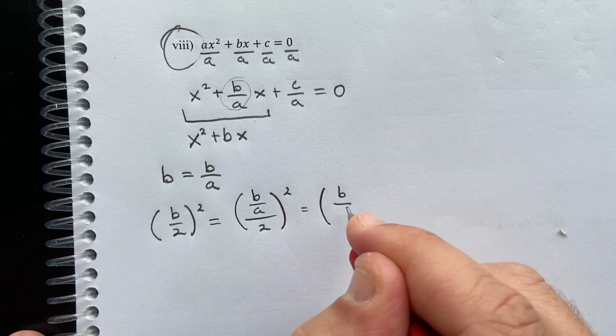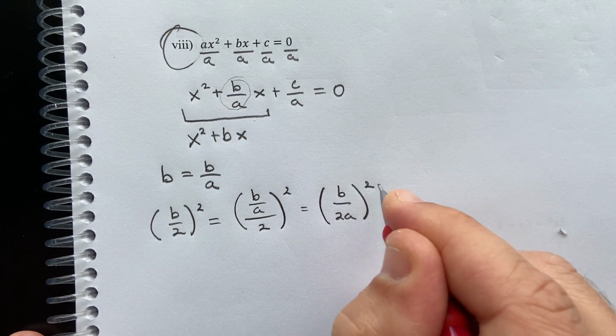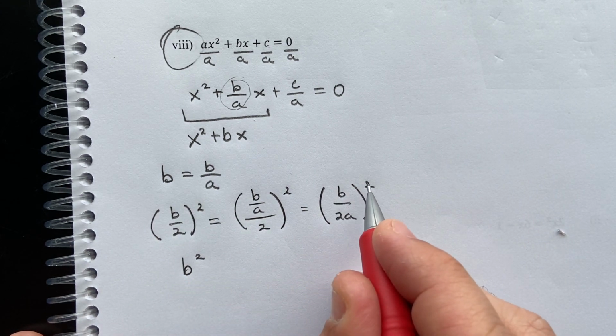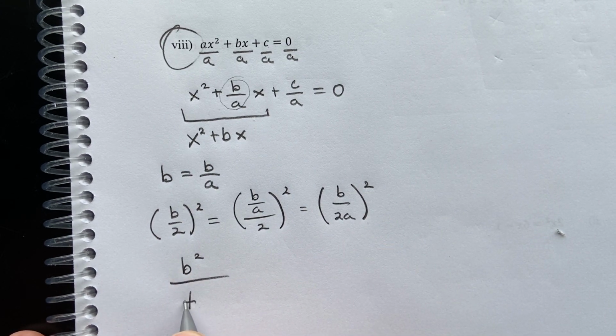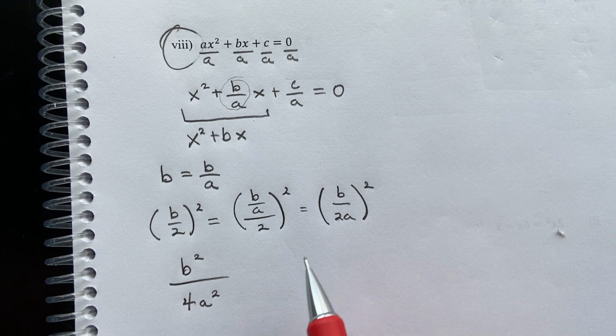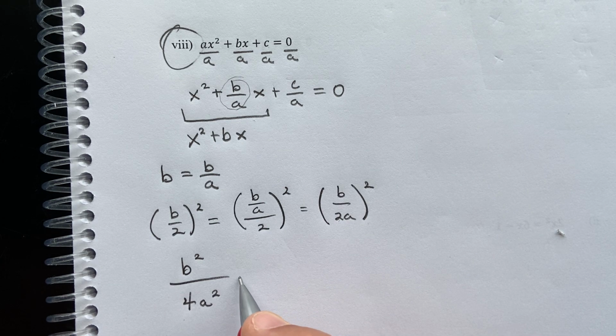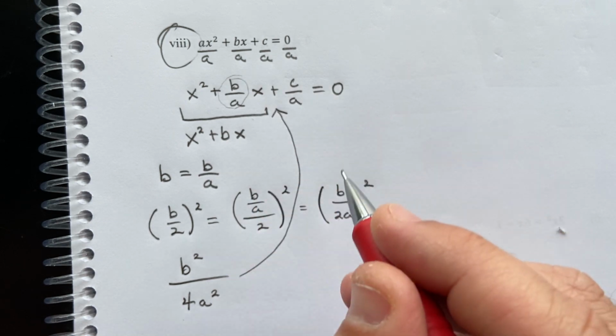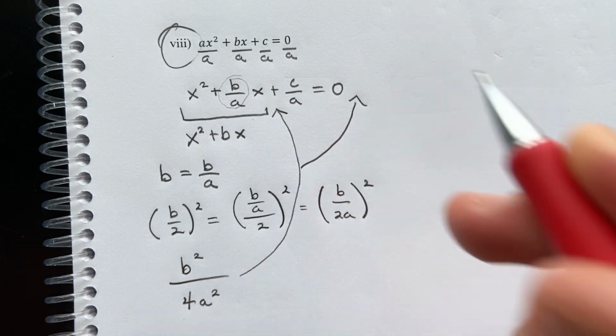In other words, b over 2a all squared. In other words, b squared, if I square everything, over 4a squared, right? b squared, 2 squared is 4, a squared is a squared. So this is half of b squared. So this is the thing that I'm going to bring in right here and also over there.